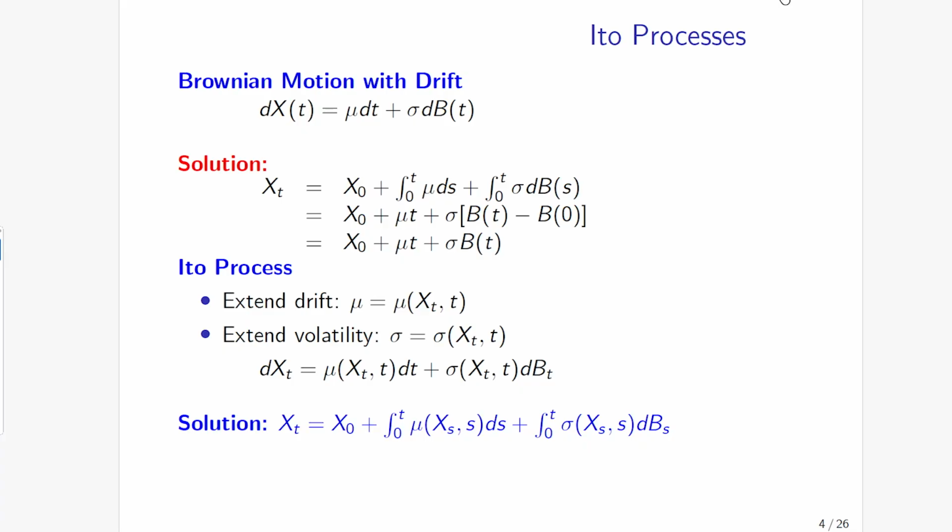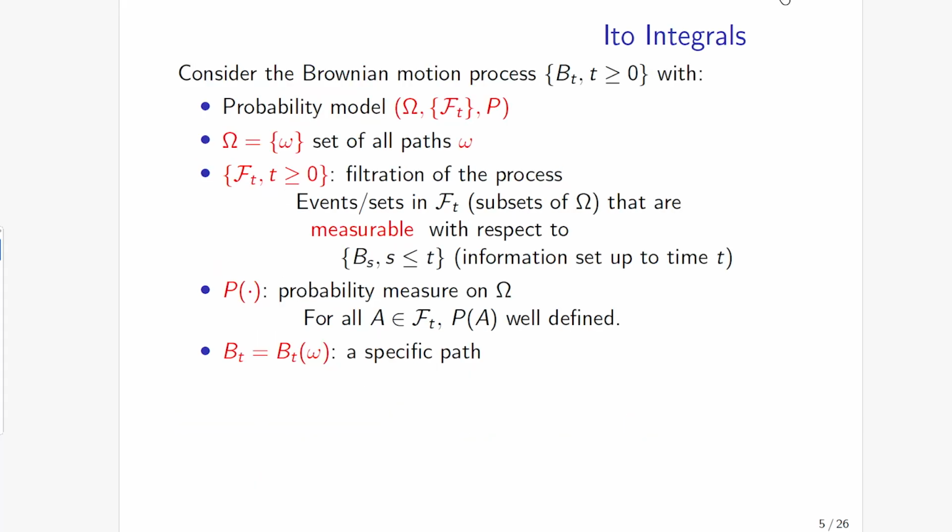So we're going to want to be able to compute these integrals in a consistent way, and the Ito calculus provides us with that. So we have to define Ito integrals. Well, in defining Ito integrals, we have this notation that we need to be comfortable with.